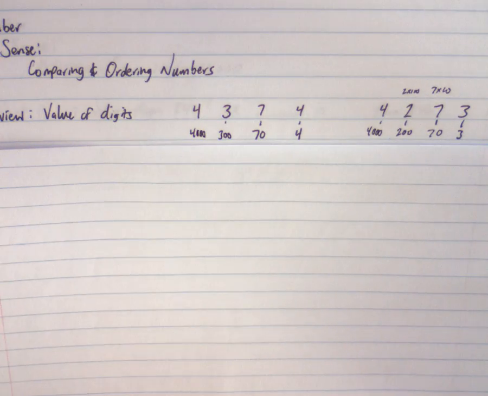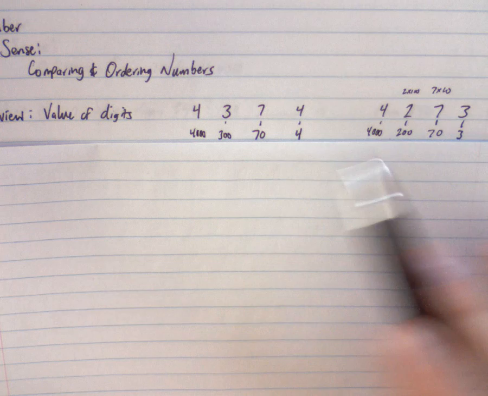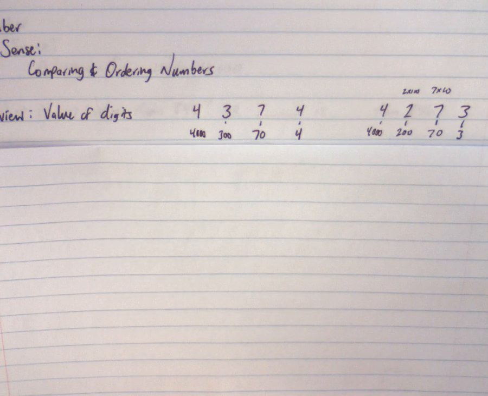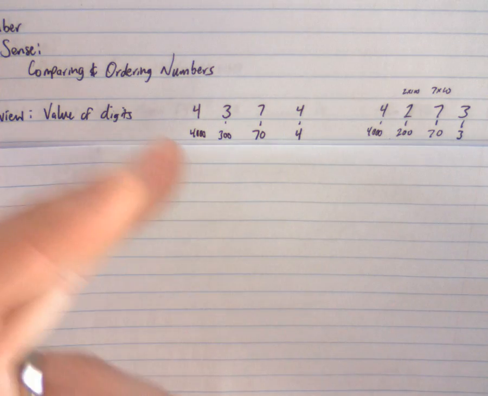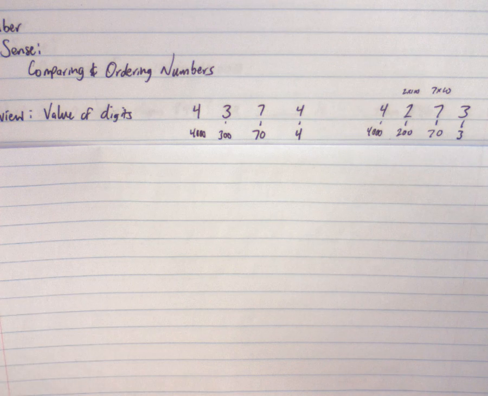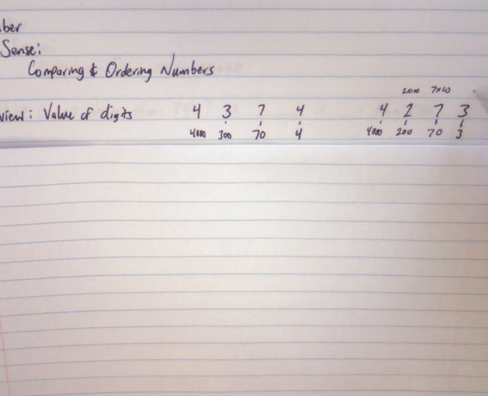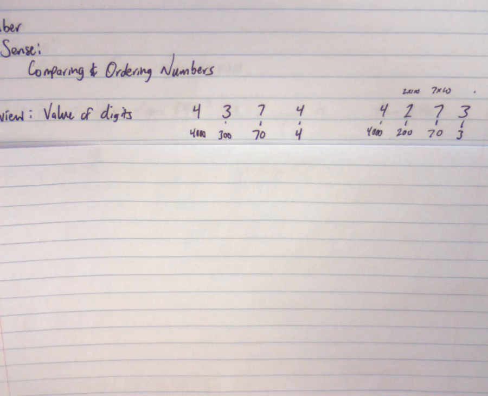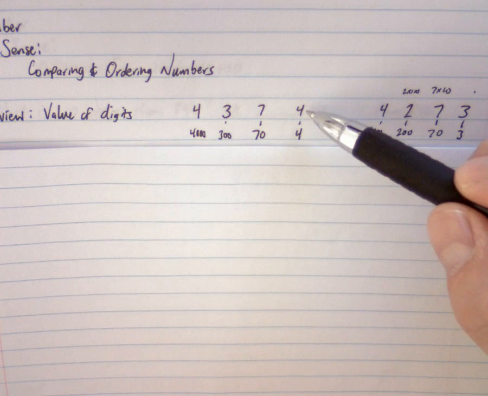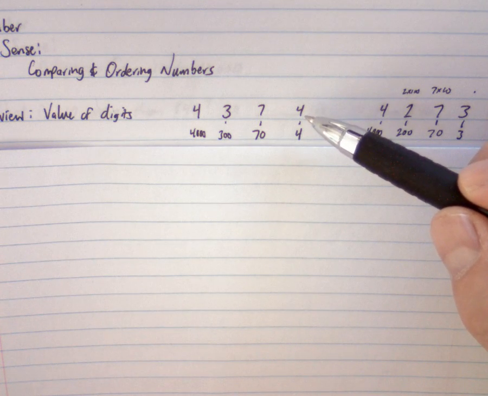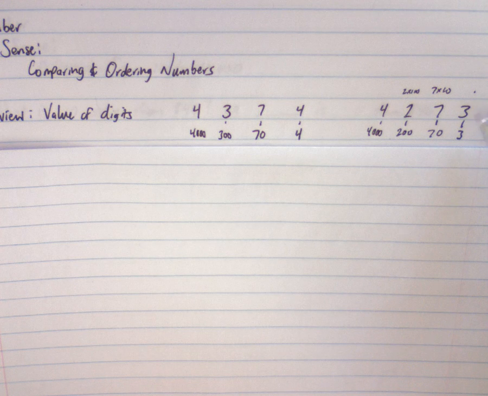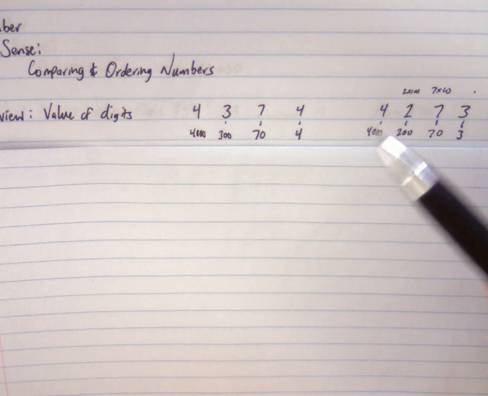Now, if I asked you to look at these two numbers and tell me which one was bigger, which one would you pick? You would pick the one on the left, which is what I would assume you would do. And why would you pick it? If you're ever stuck, always start with the ones digit. The ones digits are off, so this one's fairly bigger right off the hop, but let's keep going, because as the number gets bigger, the value gets bigger.